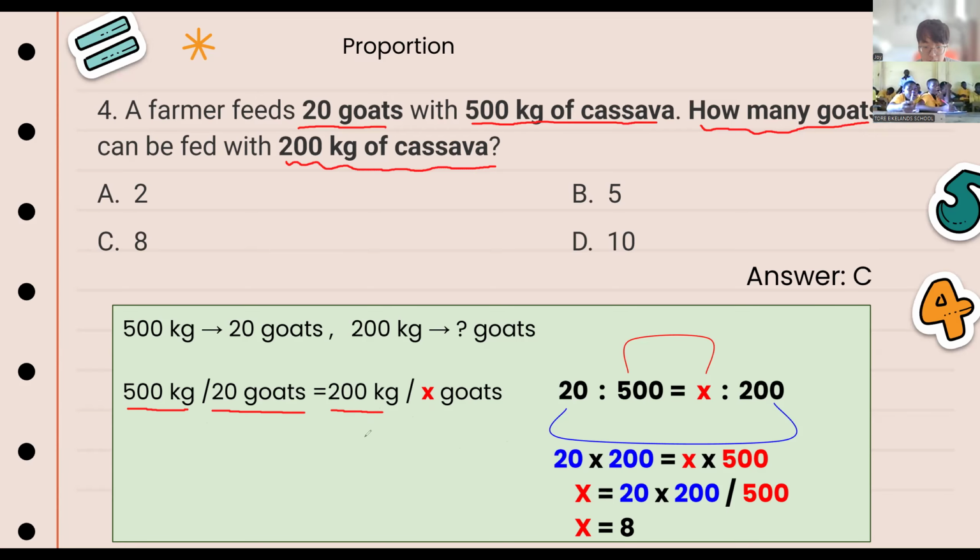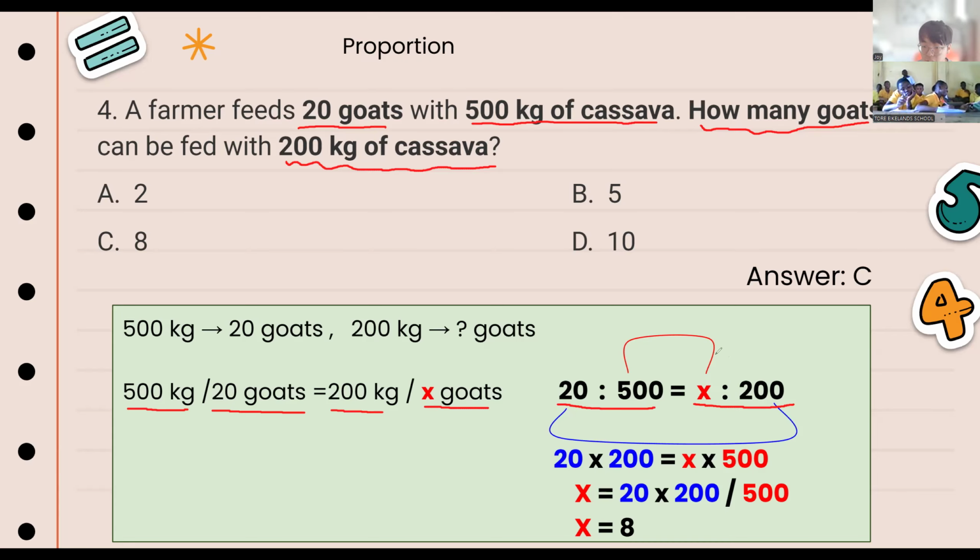So we can set 20 to 500 equals, if we set X amount of goats for feeding 200 kilograms, then we can set X to 200. It is all proportion. 20 to 500 equals X to 200.